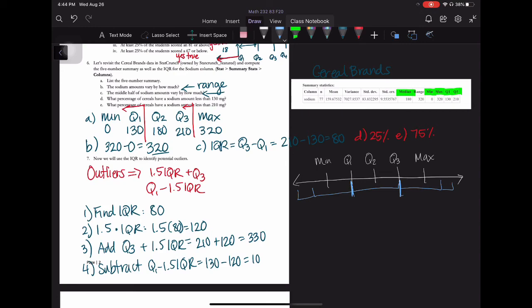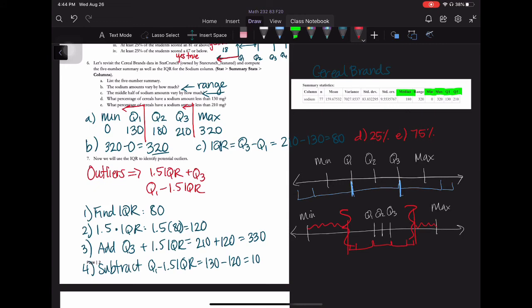So let's say I had a data set that looked something like this, where my minimum was way down here, my lower quartile, my median, my upper quartile, and my maximum. My interquartile range is pretty small here. So 1.5 of that is going to look like about this. So anything below this value would be an outlier. And anything above that would be an outlier. So it's creating fences to determine whether something's an outlier or not.